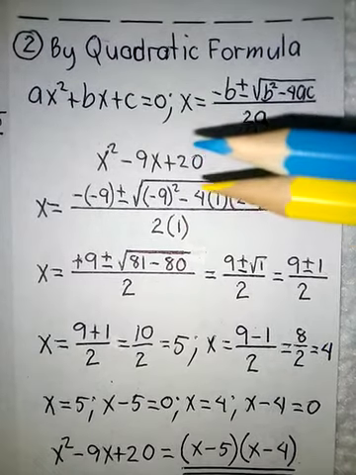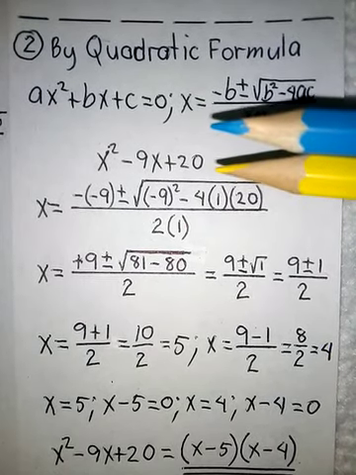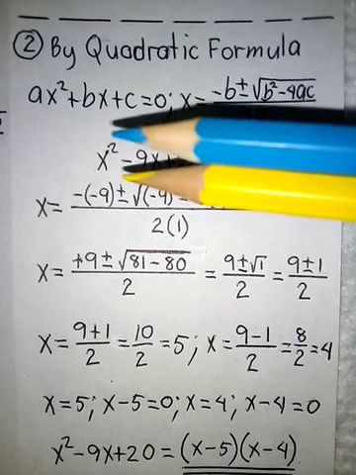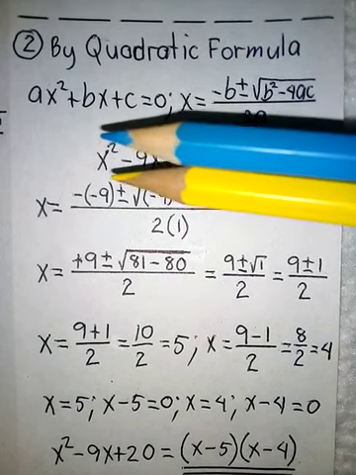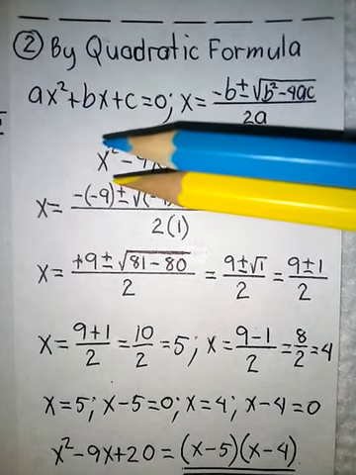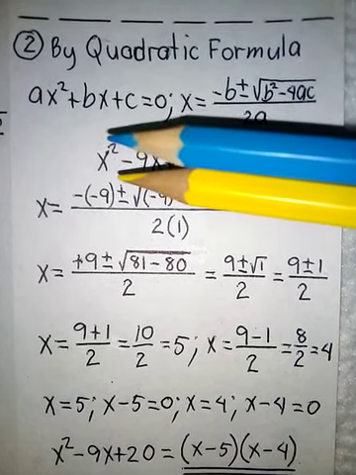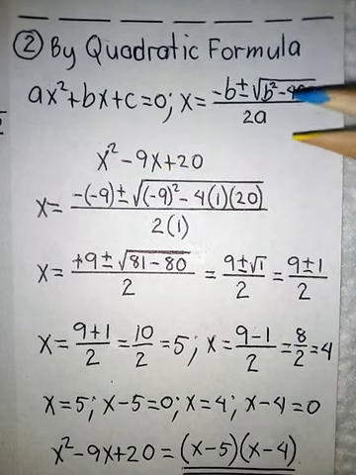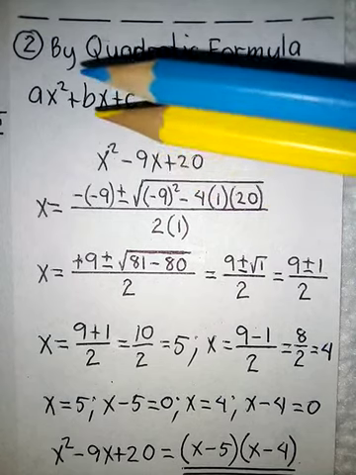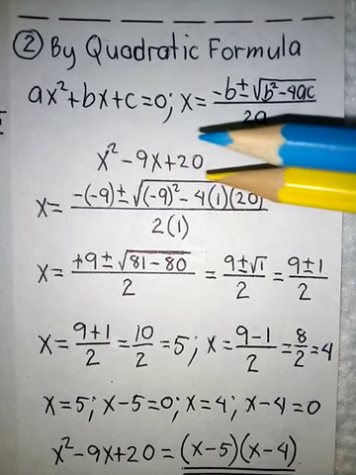So, we have the equation x squared minus 9x plus 20. So, substitute everything. For x squared, the coefficient is a, so automatically a is equal to 1. And then, b here is equal to negative 9, and then c is equal to 20.